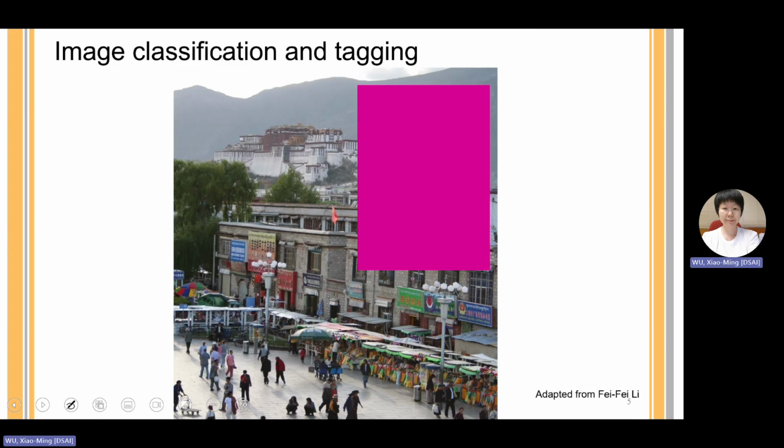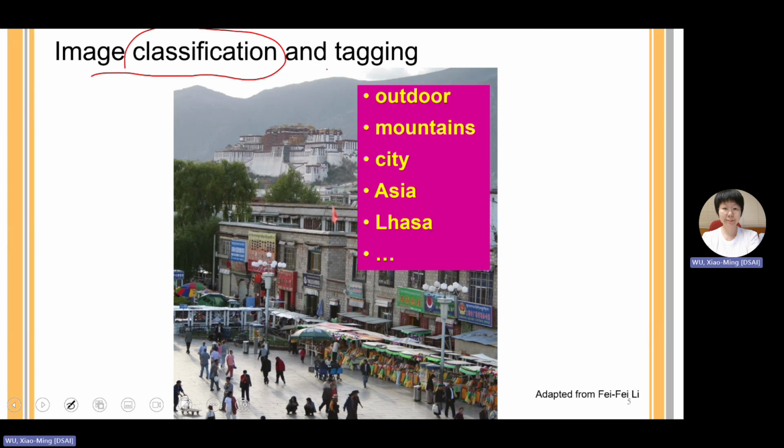Normally, you assign one label to one image. But since a picture is worth more than 1,000 words, an image is usually associated with multiple labels. So in image tagging, in your image database, one image can be associated with multiple labels.